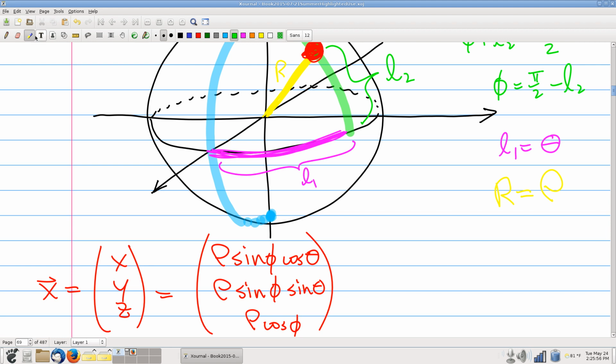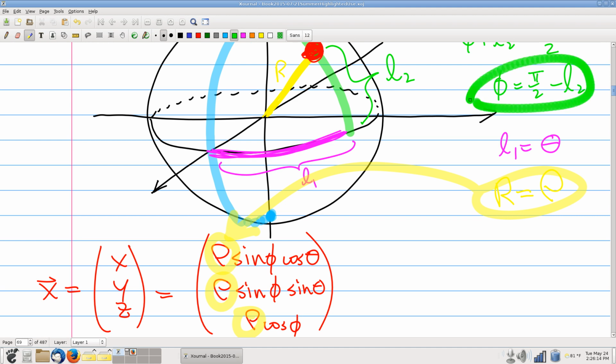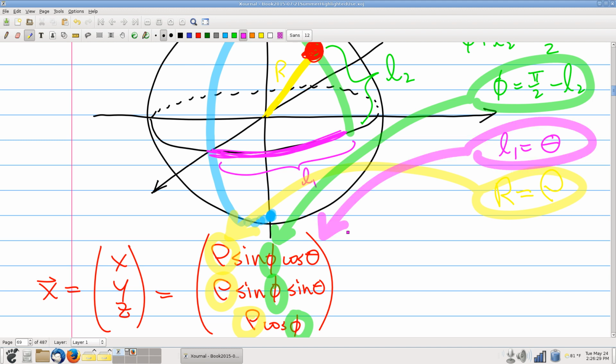So, for example, rho is r, and phi is pi over 2 minus L2. And likewise, theta is L1.